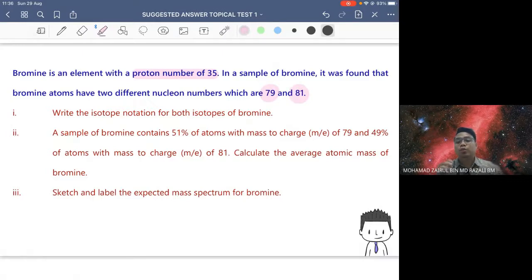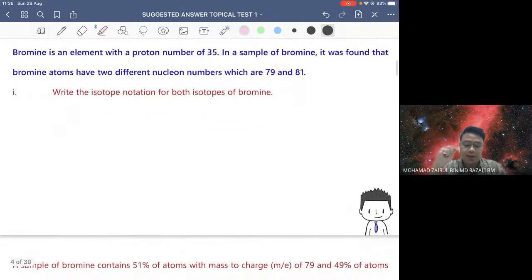So based on this question, we know that bromine has two most common isotopes, which are bromine-79 and bromine-81. The first part asks you to write the isotope notation for both isotopes of bromine, the second part asks you to calculate the average atomic mass, and the last one is to sketch and label the expected mass spectrum for bromine. So we're going to start with question Roman 1.